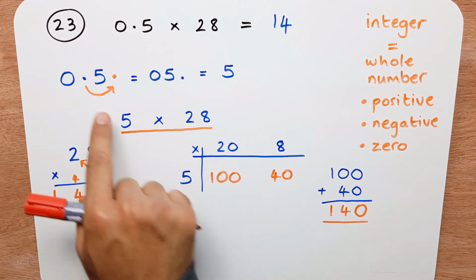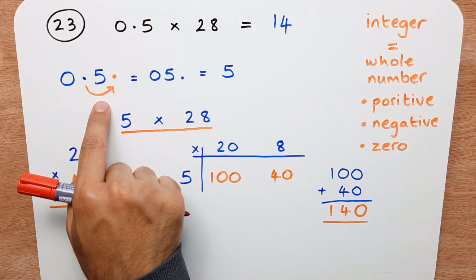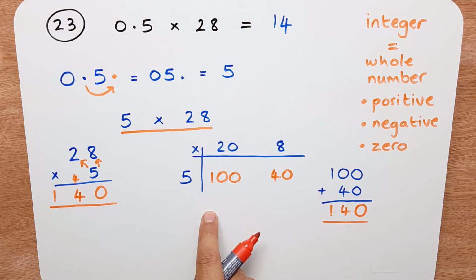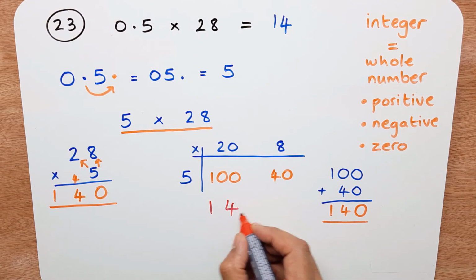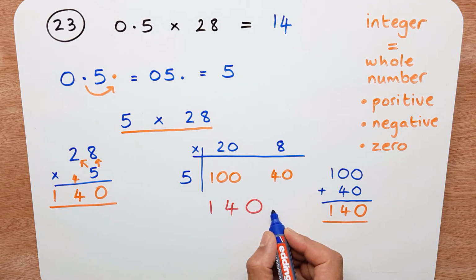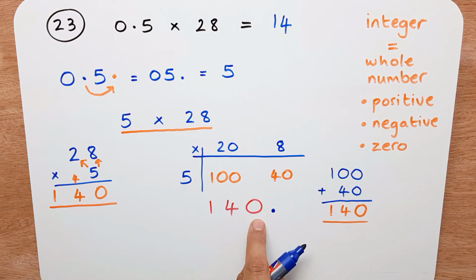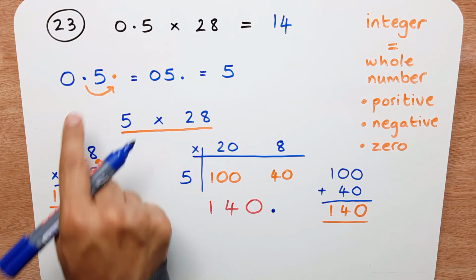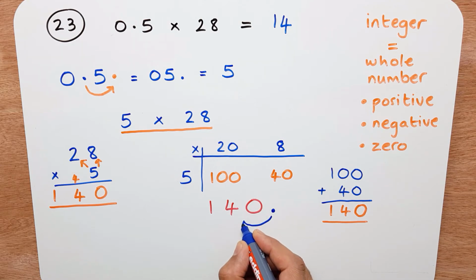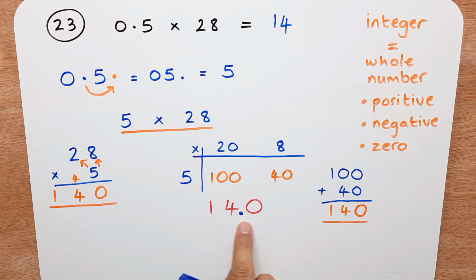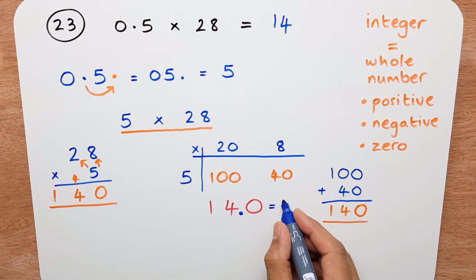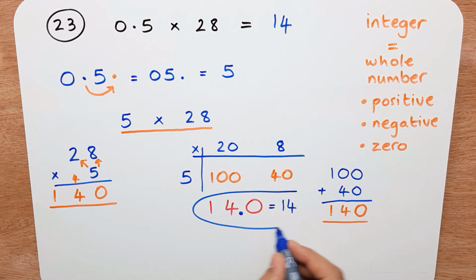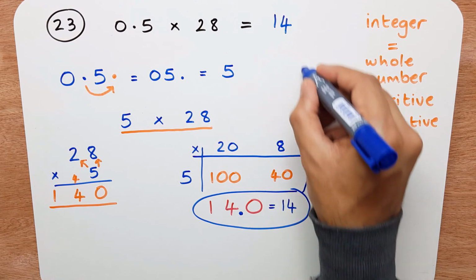But as before, we did this extra step, so we have to undo this step. So let me write this here. 140. Now I know the decimal point is here on 140, so I have to take my decimal point back one place to do the opposite of that. So this is going to travel here and it will end up there. So if I remove this, we end up with 14 as before. And if you look, it's the same as the other one.